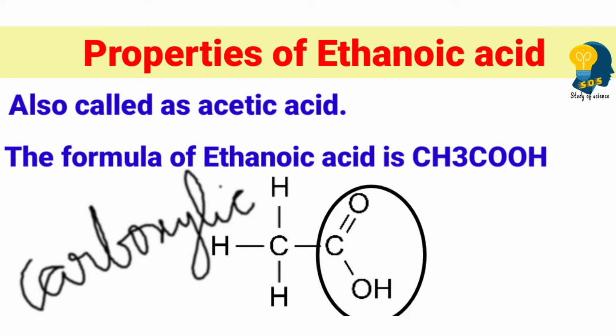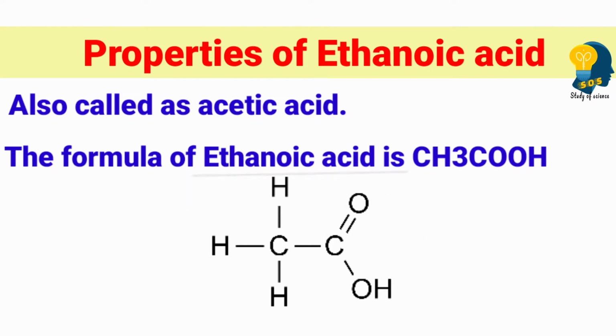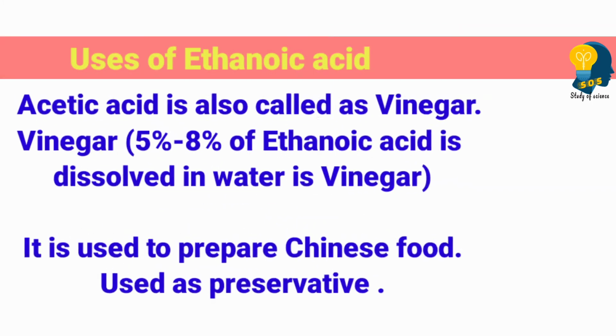Hence, together we call it ethanoic acid. Eth group plus carboxylic acid group, together we call it ethanoic acid. Clear? So now let us understand some of the important uses of the ethanoic acid.